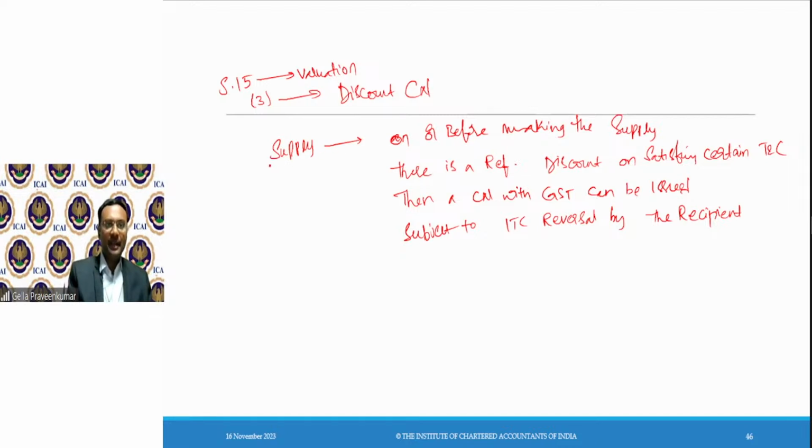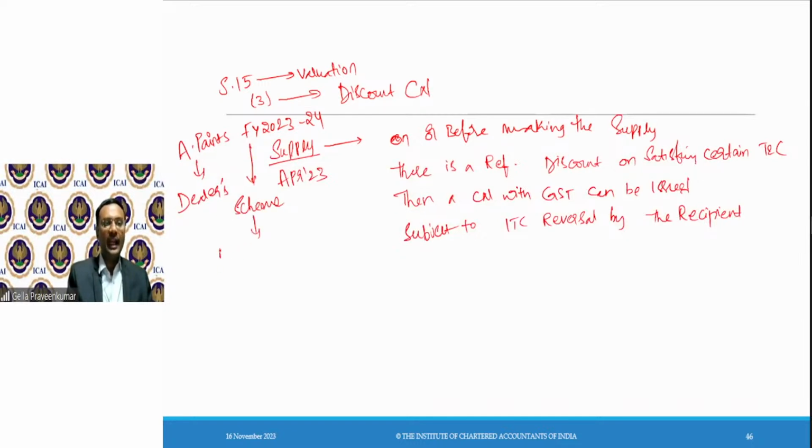So here, there is a supply, assuming that supply is going to take place in April 23. I'll give an example, say, let's take the example of Asian Paints. They appoint dealers across India. And assuming for a moment, for financial year 22, financial year 23, 24, there is a scheme which is announced. What does the scheme say?